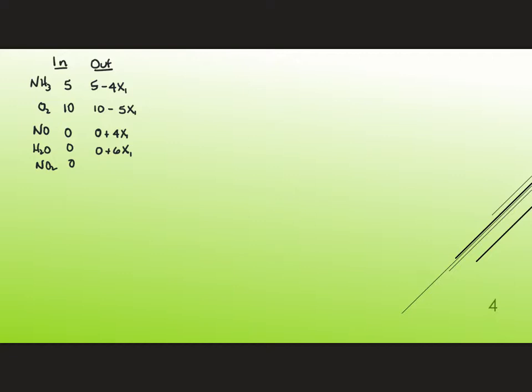So in reaction 2, I have NO being consumed, so minus a stoichiometric coefficient of 2 times x2, oxygen with a stoichiometric coefficient of 1, so minus x2, and NO2 is being formed, so 0 plus 2 times the extent of reaction of reaction 2.